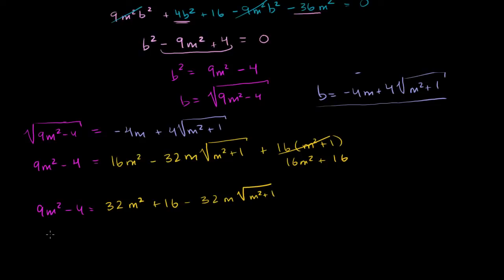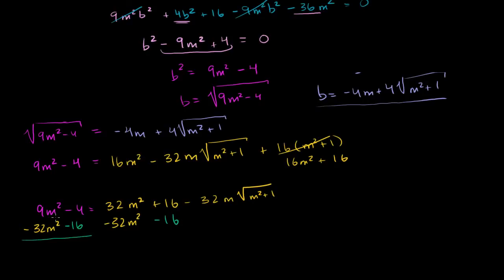And let's see, we can subtract 9m squared from both sides, and then we can add 4 to both sides. Actually, let me do it the other way, because I want to isolate this on the right-hand side. So let's subtract 32m squared from both sides, and then subtract 16 from both sides.